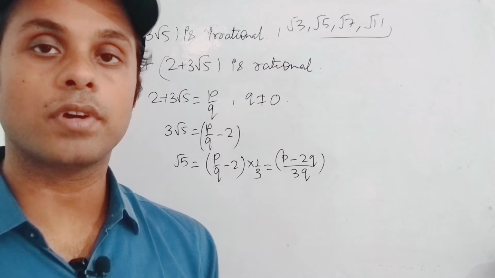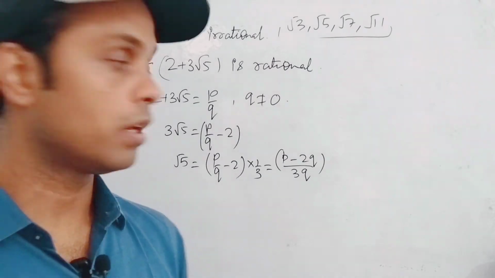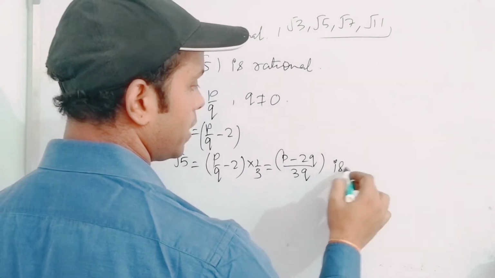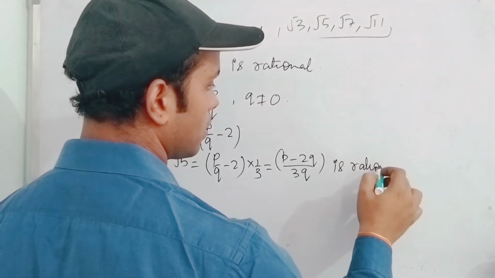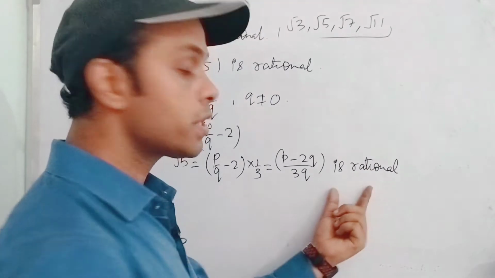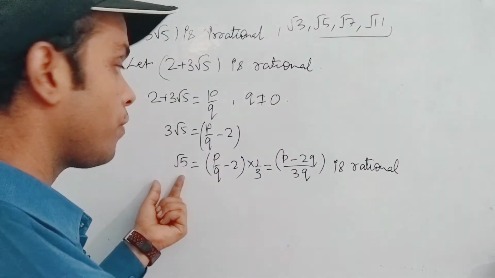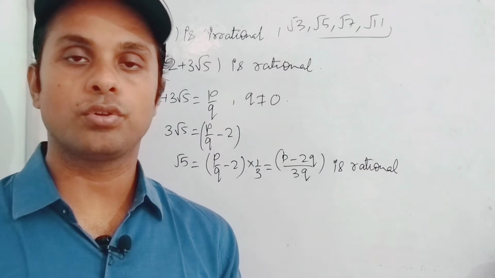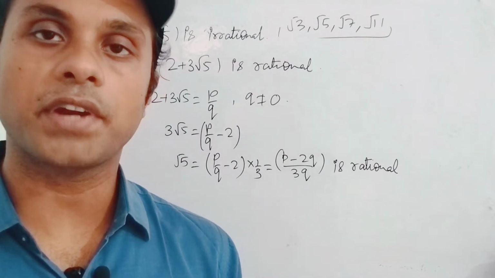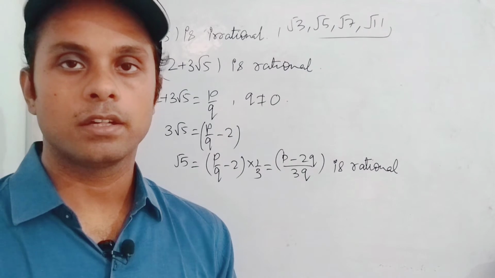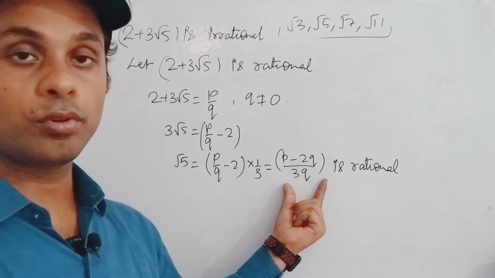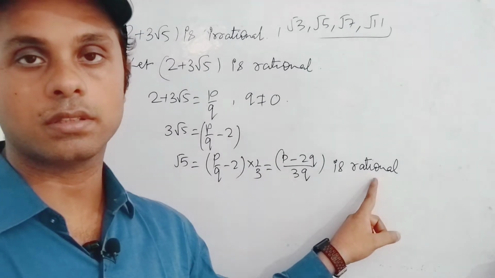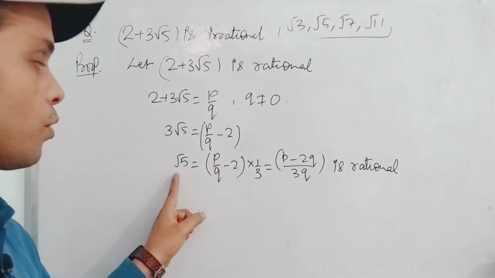This is again in the form of p by q, which means this is rational. So if this is rational, which means root 5 is also rational, it contradicts the fact. We know that root 5 is always irrational. But what we proved earlier, p minus 2q upon 3q, is rational, and this value equals root 5.